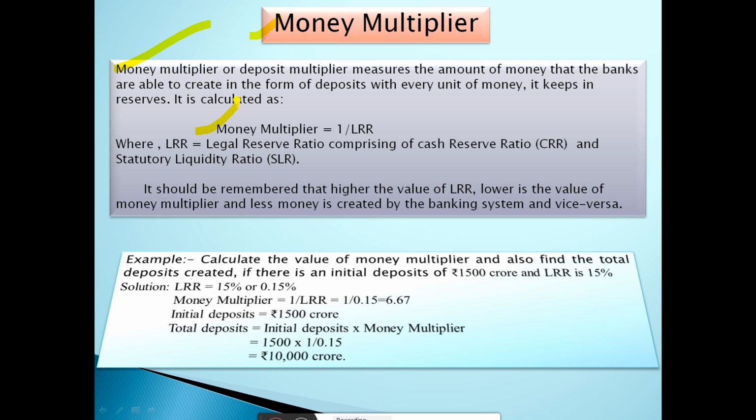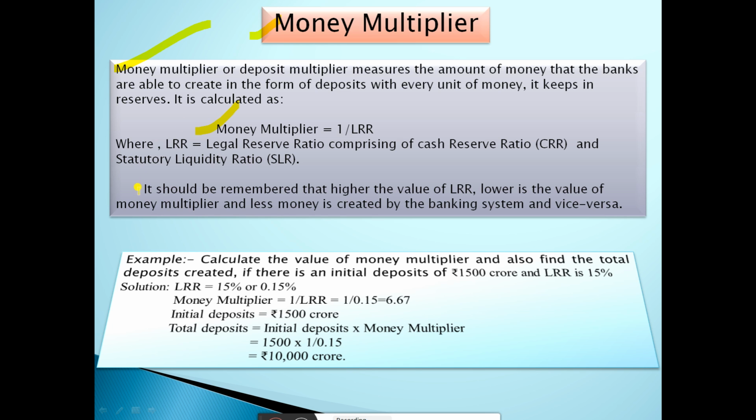One part is reserved as cash with the central bank, and some part they keep themselves as a reserve, that is called LRR. So higher the value of LRR, lower is the value of money multiplier, and less money is created by the banking system, and vice versa.